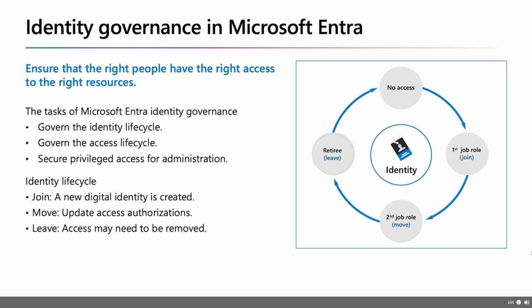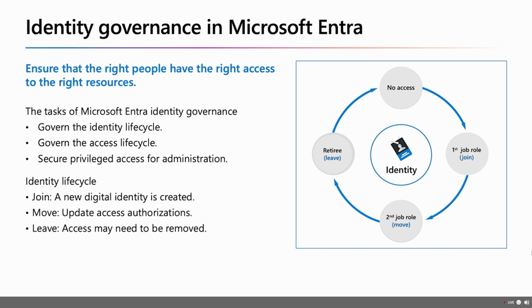Let's start by understanding the identity lifecycle. Managing users' identity lifecycle is at the heart of identity governance. When planning identity lifecycle management for employees, many organizations, for example, use the join, move, and leave process.